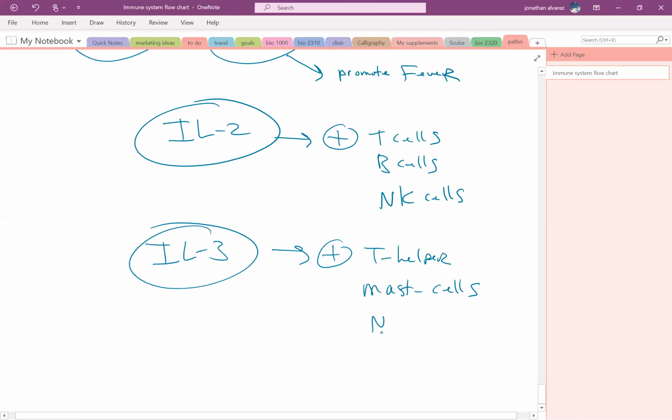And by the way, natural killer cells are recruited by all of these. We could write it down 35 times, but natural killer cells are just always there, so they're always recruited. And as mentioned earlier, the mast cells are responsible for the histamine response.